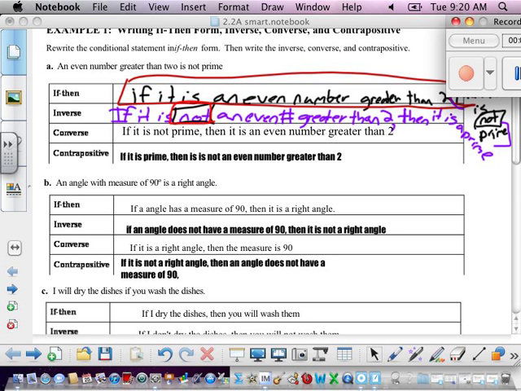Converse is you switch it. Contrapositive is you make it negative and you switch it. That's how I remember it. Inverse, negative. Converse, switch it. Contrapositive, negative, switch it. Okay, we've got the if-then. Can I go on, guys, or do you need another second? No second. Okay.